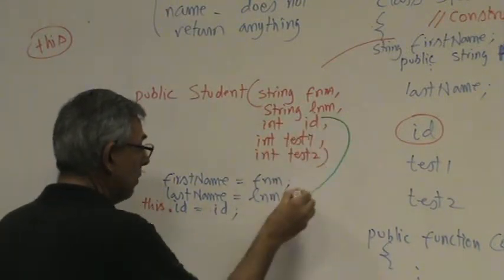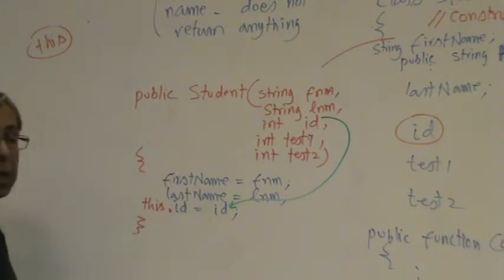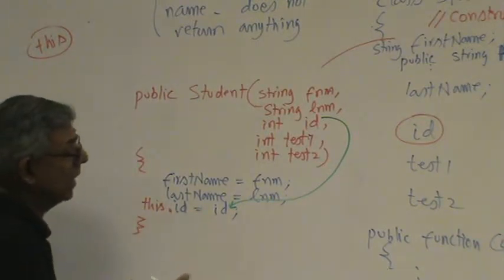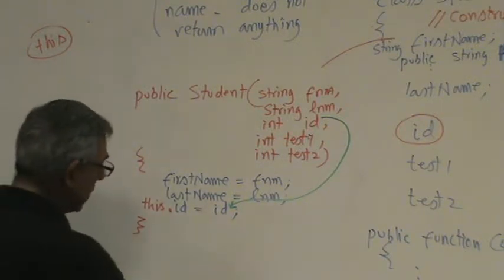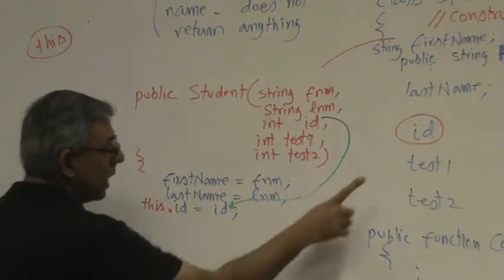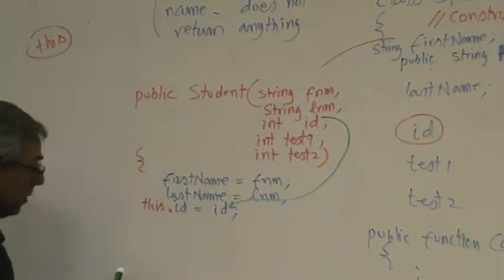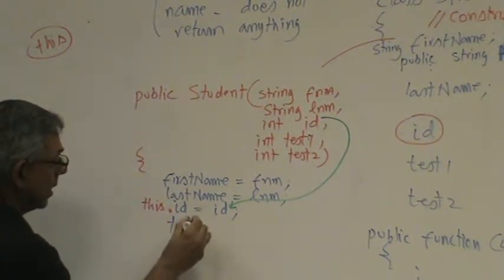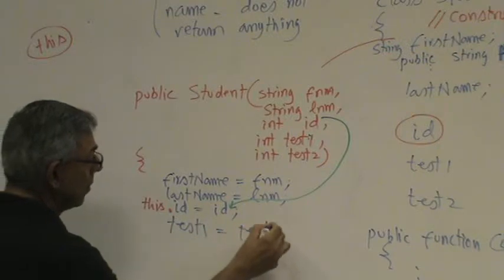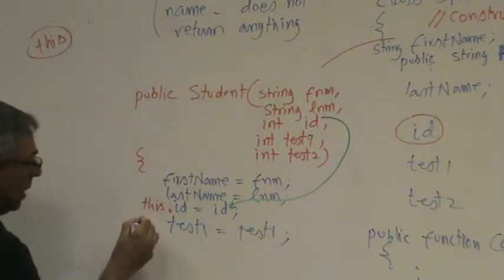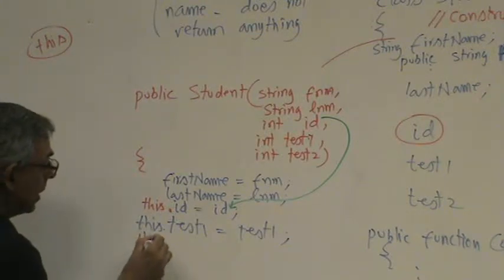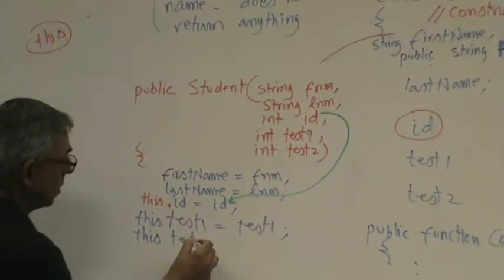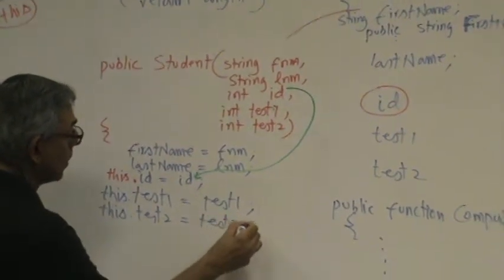So this ID will be the parameter that we are receiving, okay? So anytime there's a confusion in names, to clarify it, we'll further use the keyword this. So let's go to the next one. Should I say over here, test1 equal to test1? This is test1. So again, the better way will be this dot test1, right? This dot test2 equal to test2.